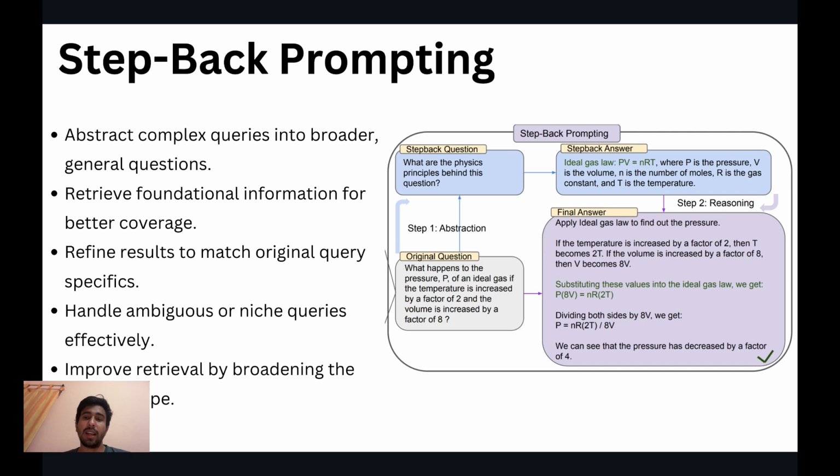It will recall the ideal gas law and also give us the explanation behind it, and in turn it will give us a better answer to the question. So instead of using a complex query, we enhance it with a broader or more general question, which in turn enhances the retrieval quality.